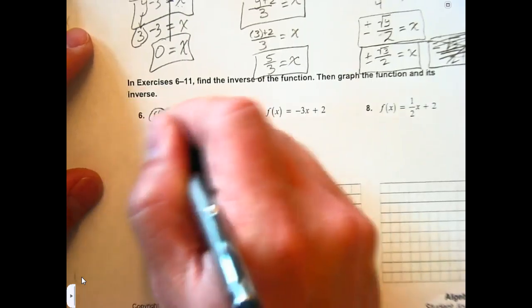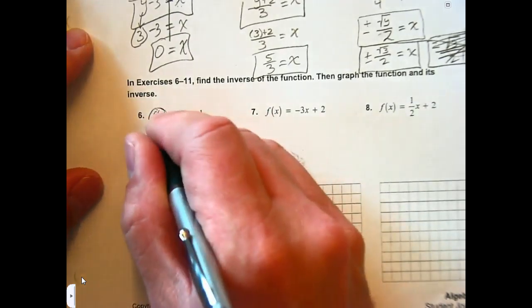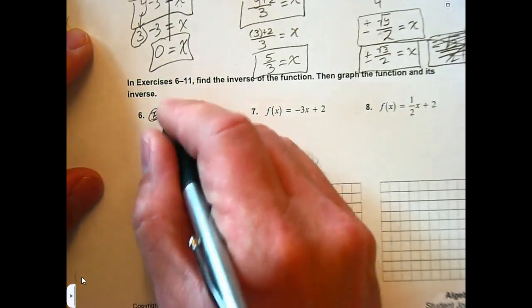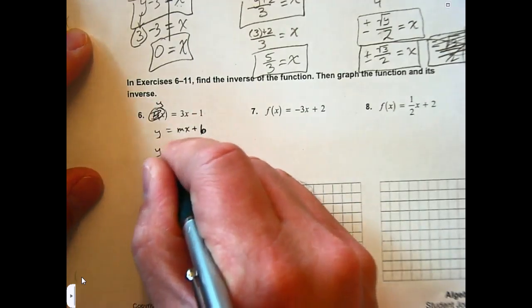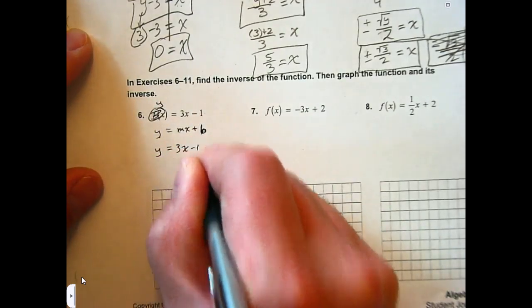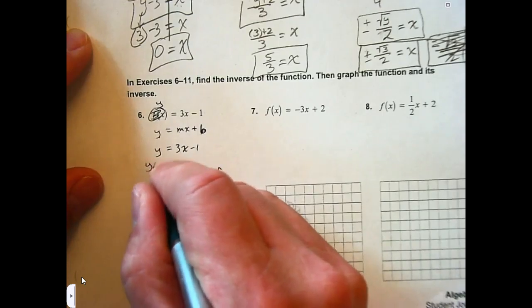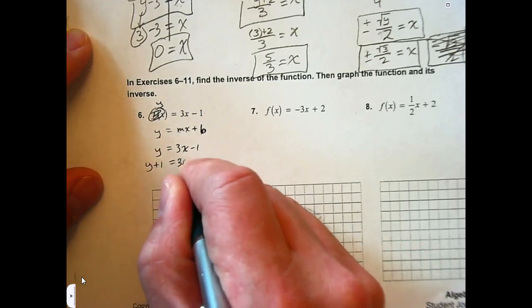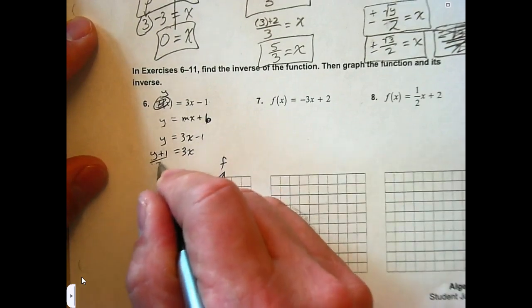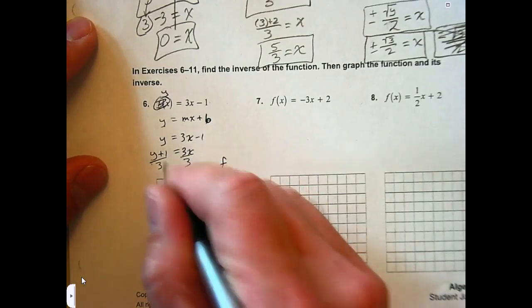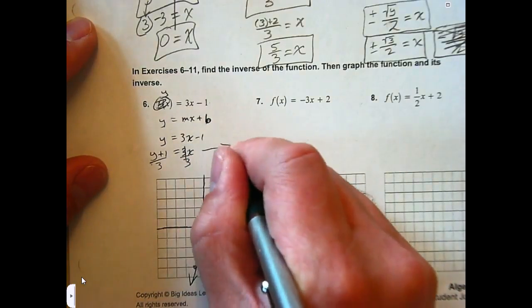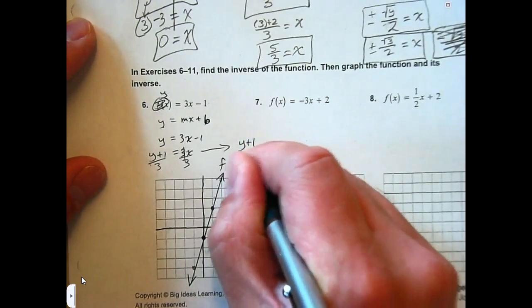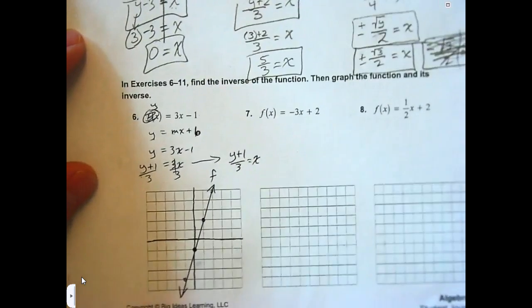Remember, if you're finding the inverse of this, we change this to y, like we've done. You know, y equals 3x minus 1. You add 1 over. y plus 1 equals 3x. And then you divide by 3. Okay? You end up with y plus 1 over 3 equals x.